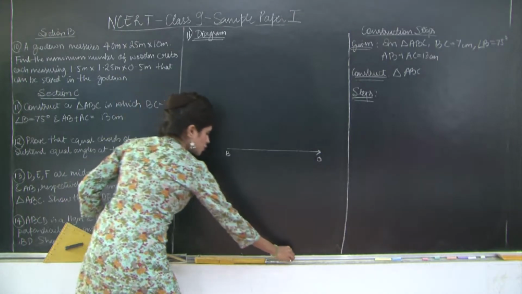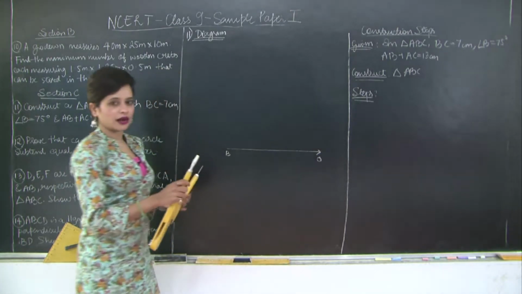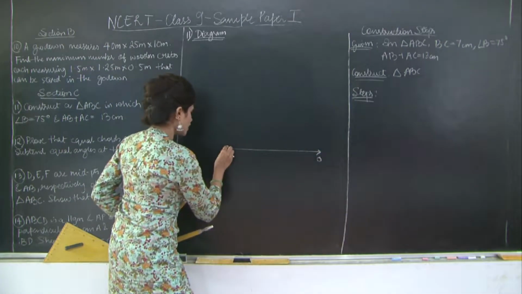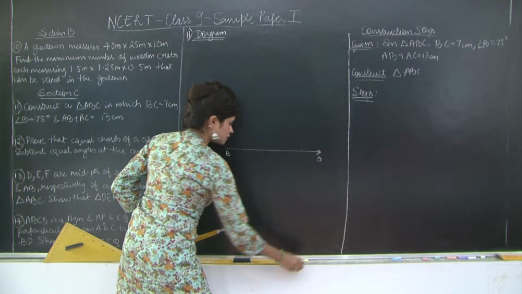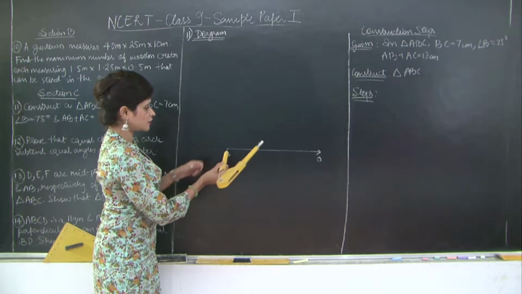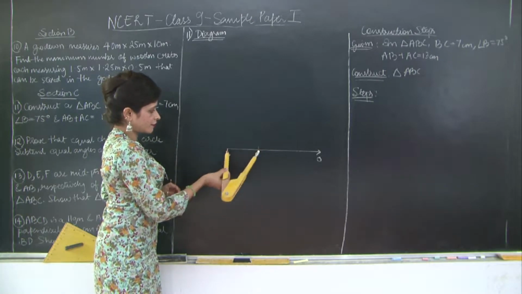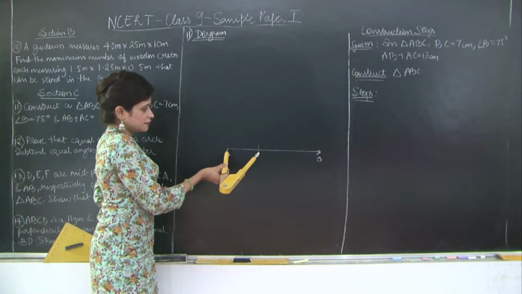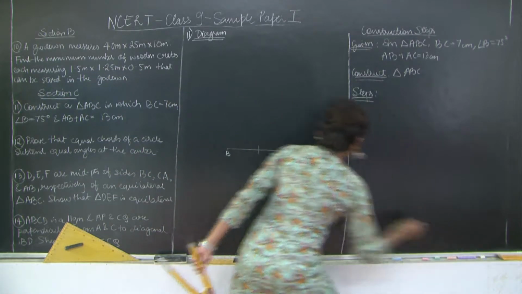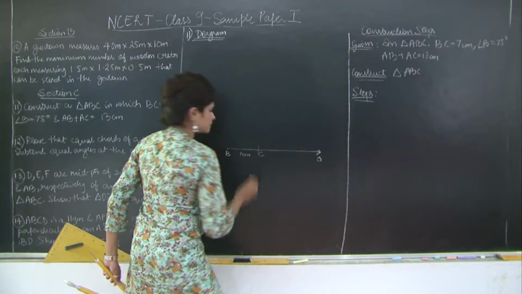Now I'm going to take 7 centimeters on the compass, take B as my center and cut off 7 centimeters on this ray BO, and I'm going to call this BC. So I have drawn the base BC which is 7 centimeters.